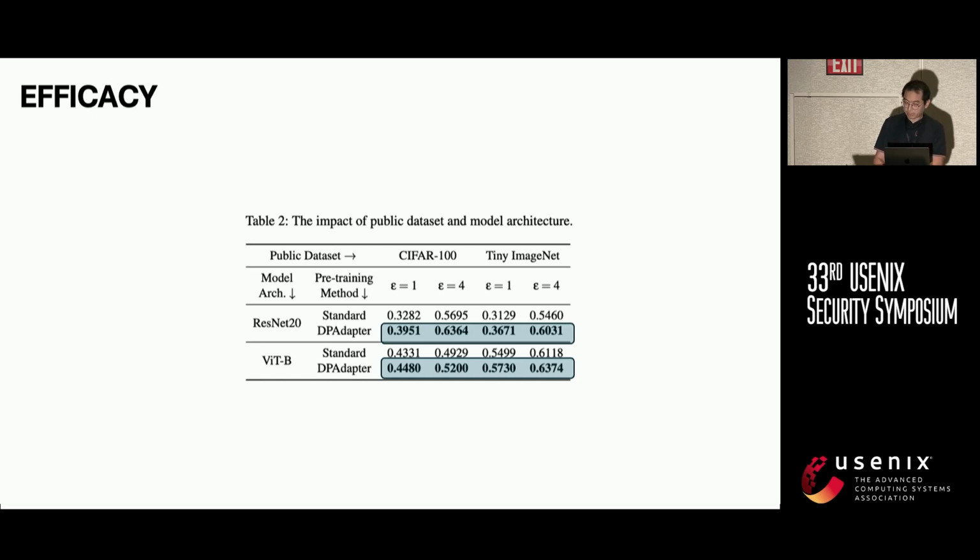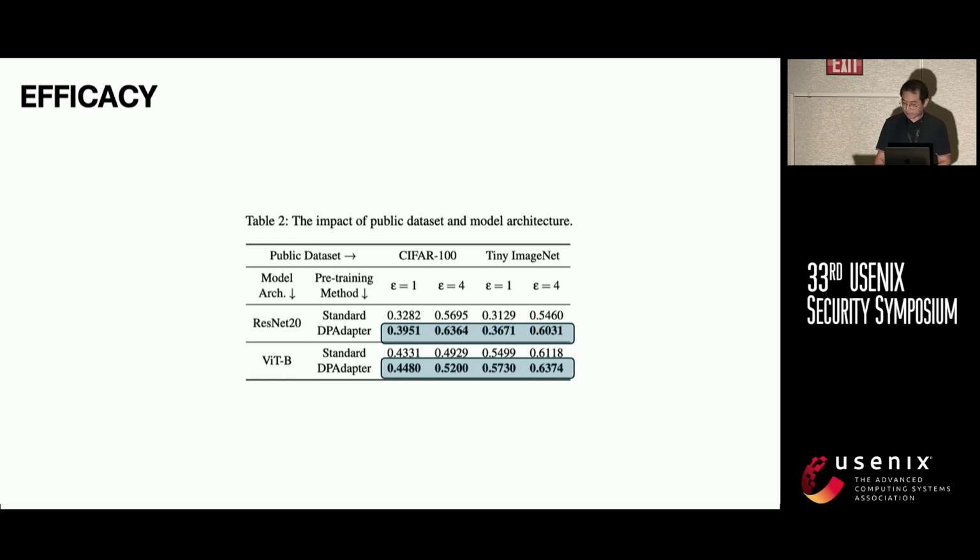To further evaluate the impact of the public dataset and the model architecture, we selected a variety of upstream training datasets and models to evaluate the stability and performance of DPAdapter across different privacy budgets. The number inside each box indicates the accuracy in the downstream task, which is fixed as the STL10 dataset.